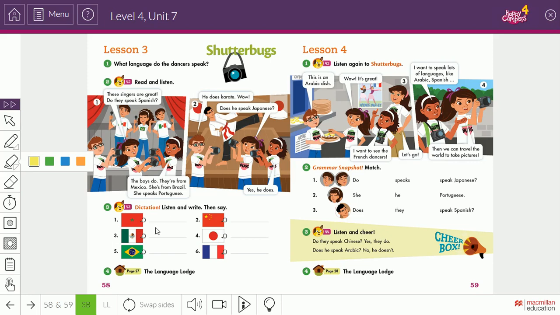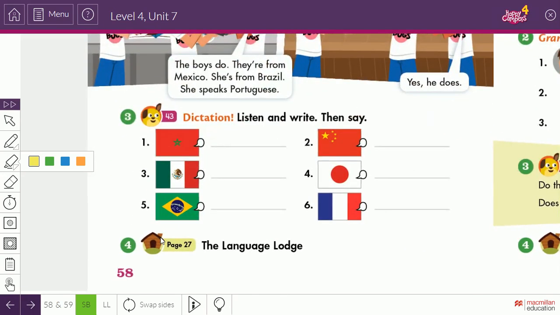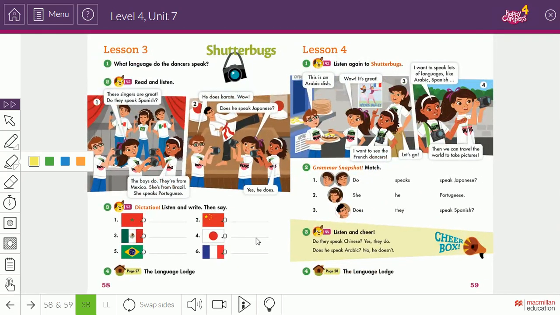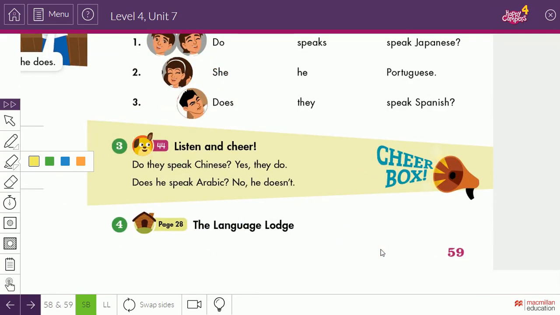We saw that Moroccan people speak Arabic, people in China speak Chinese, in Mexico they speak Spanish, in Japan they speak Japanese, in Brazil they speak Portuguese, and in France they speak French. And also in Lesson 4, we did how to ask yes or no questions using the verb do.